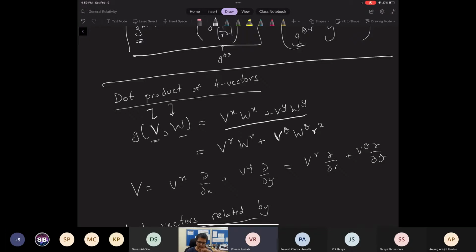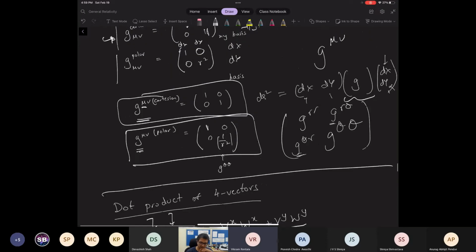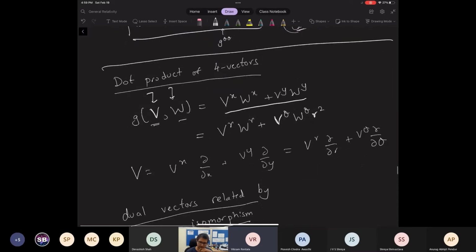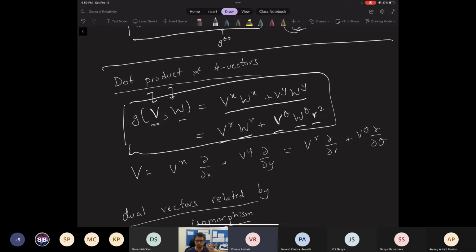In polar coordinates, you'd get something slightly different, because the metric is 1, 0, 0, r square. So what you get is vr wr plus v theta w theta r square. You can use the rule that we found to relate vr in terms of vx vy, v theta in terms of vx vy, wr in terms of wx wy, and w theta in terms of wx wy, and you can check that these two are exactly the same expression.